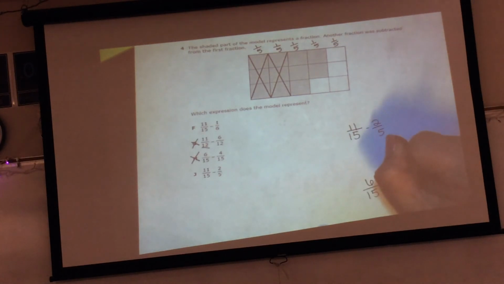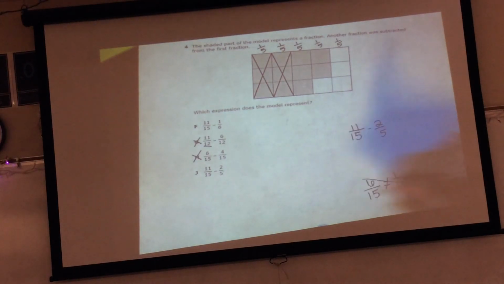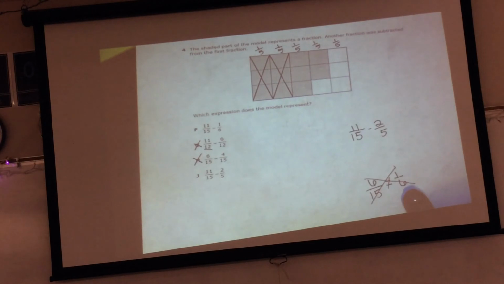I'm going to put does not equal 1/6. So that could not be a possibility. This is why you need to say, okay, I know it's not G, I know it's not H. Does it make sense that I'm subtracting 1/6? No. Now if this simplified down, that would be confusing, but that does not simplify down to 1/6.